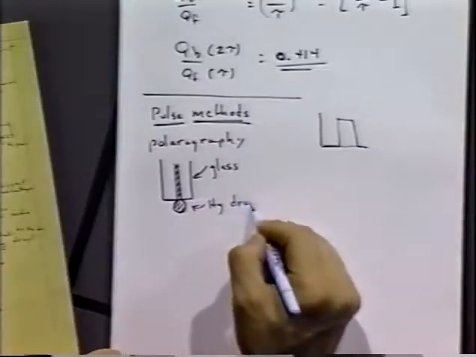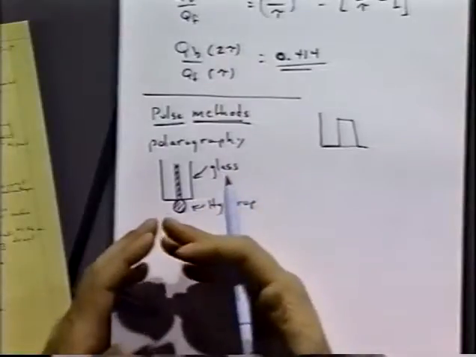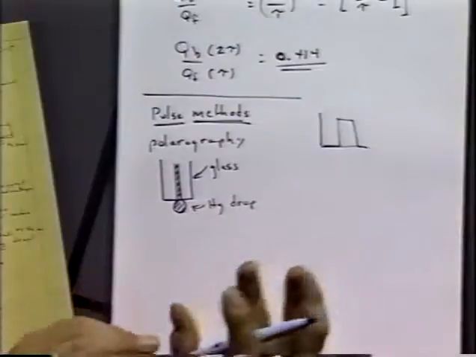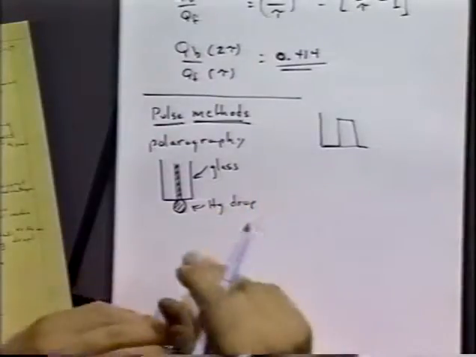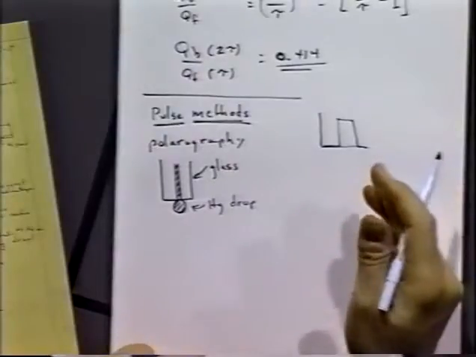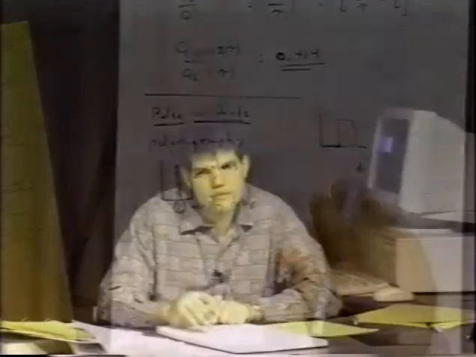So polarography refers to a mercury droplet electrode pretty much exclusively. So when somebody says they're doing polarography, what they should be saying to you is they're doing it on a mercury electrode, although occasionally they refer to polarography at non-mercury electrodes, and that's really erroneous.